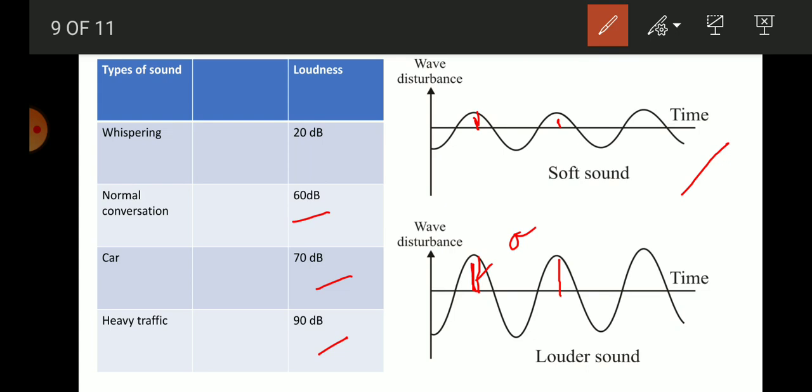So this one is the louder sound and this one is the soft sound. But you can see that in the same time, the number of pulses is the same. So these are sounds of the same frequency but different amplitude. This one is the louder sound, this one is the soft sound.